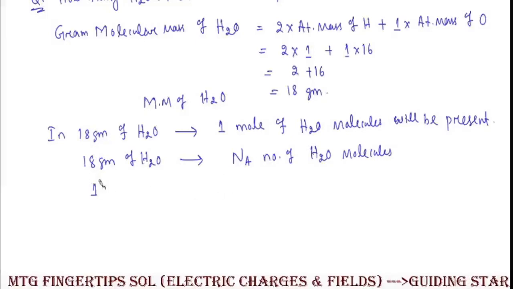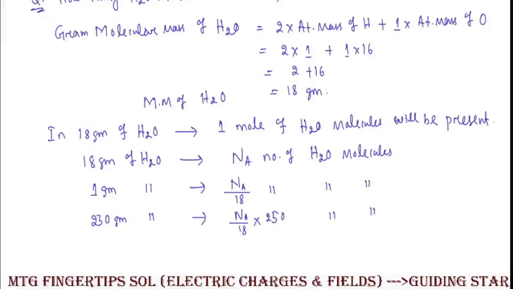Then 1 gram of water will contain how many water molecules? Na upon 18 water molecules. Clear. Then 250 gram of water will contain Na upon 18 into 250 water molecules.